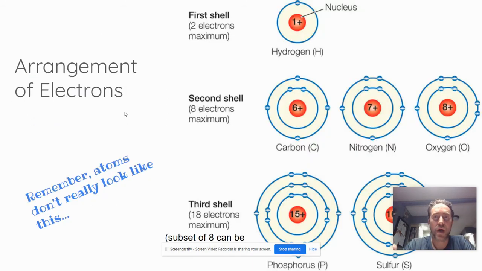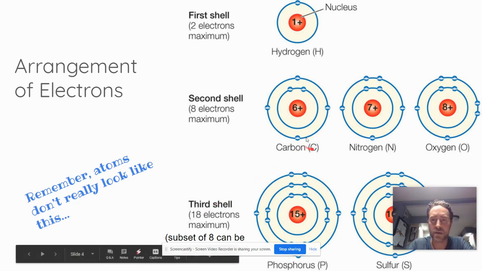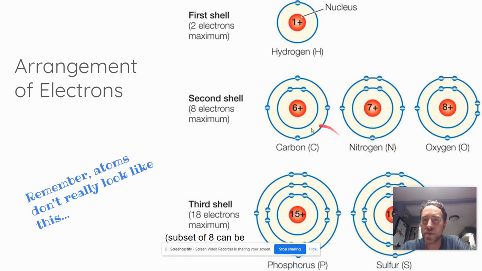If you take a look at the top one here, you can see hydrogen just has one valence electron, so it's probably going to want to gain one to fill its outer shell. Carbon, nitrogen, and oxygen all have two shells, and remember the second shell needs 8 to fill it.